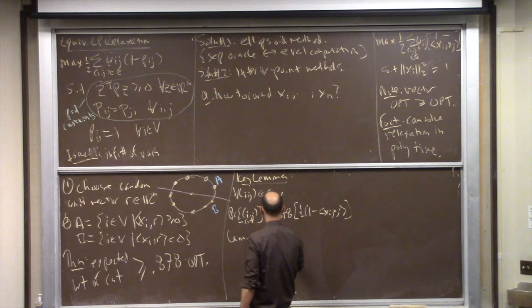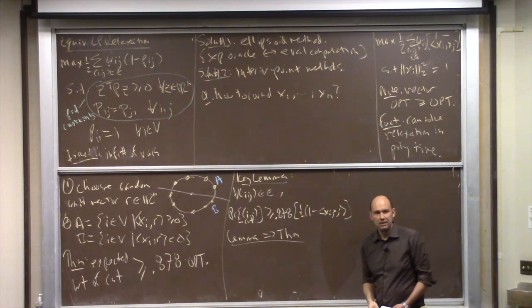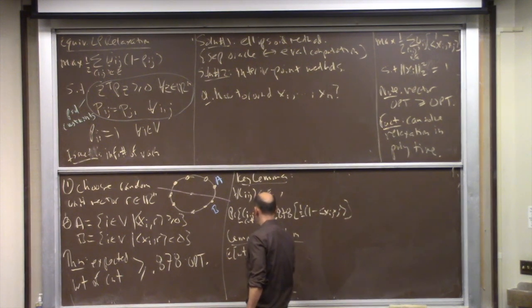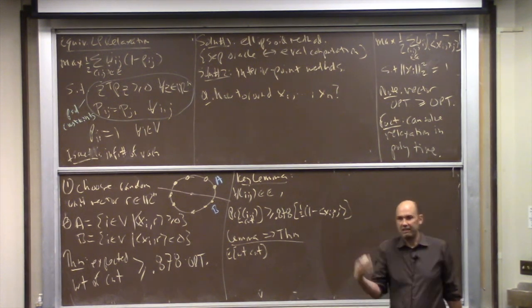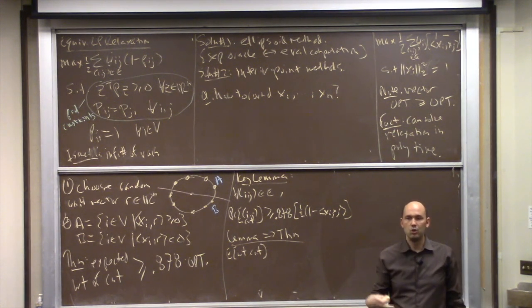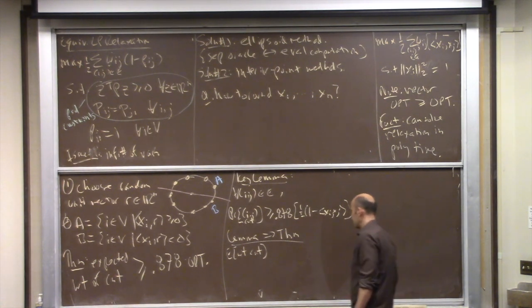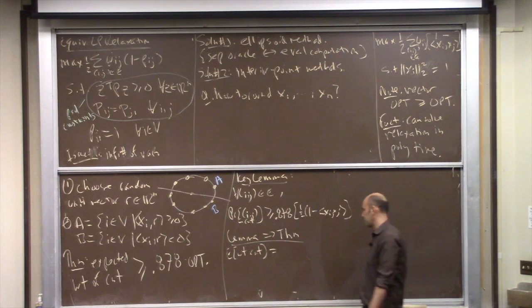To prove that the lemma implies the theorem, that's really just linearity of expectation. The expected weight of a cut produced by our algorithm: let's think about the expected contribution of one edge. By linearity of expectation, the expectation of the sum becomes the sum of the expectations.